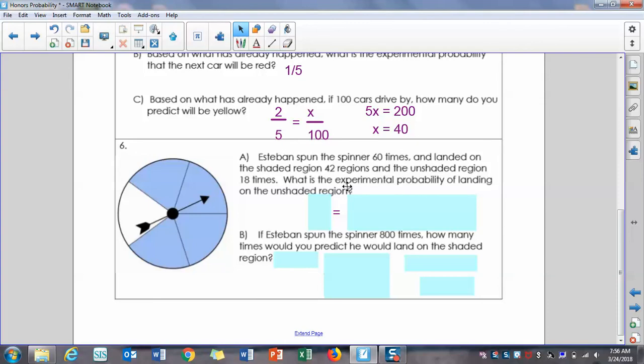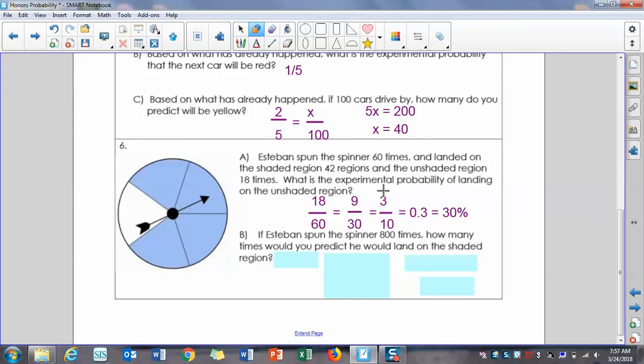So unshaded was 18 times out of 60. Now we can go ahead and simplify that. We simplify all the way to 3/10, which is 0.3 or 30%. And again, either of these options at the end would be an appropriate answer.